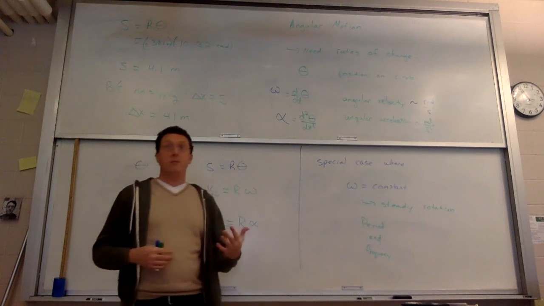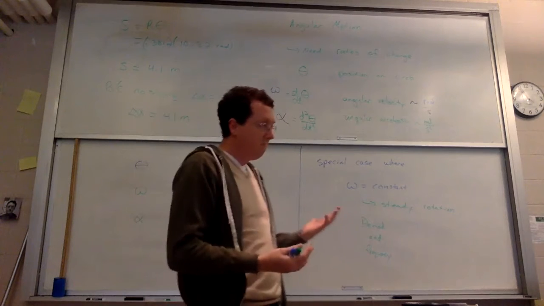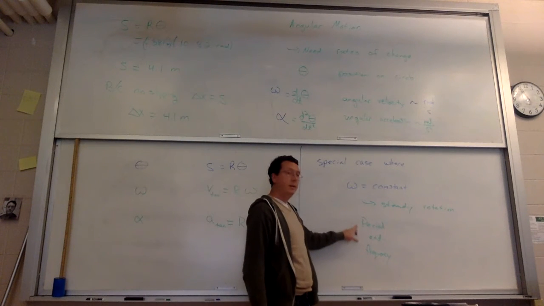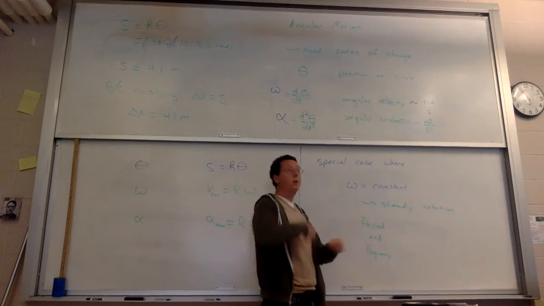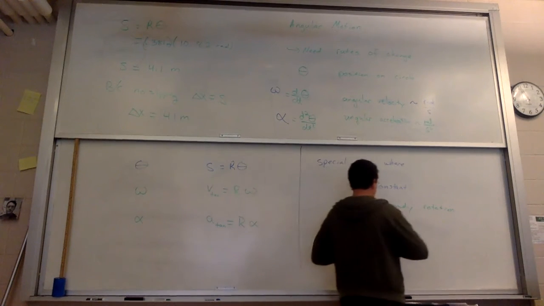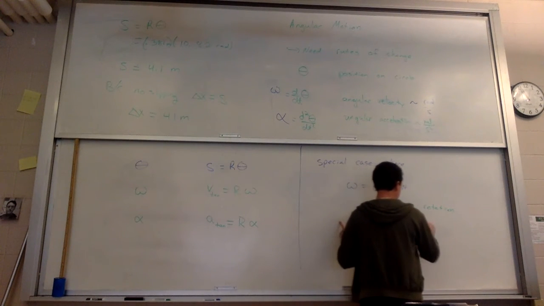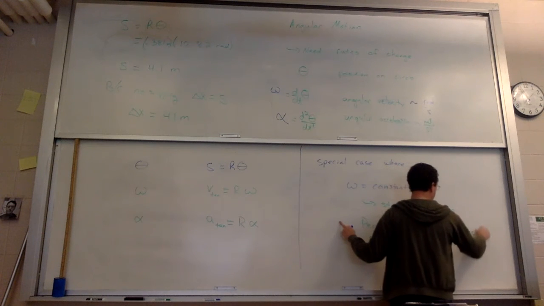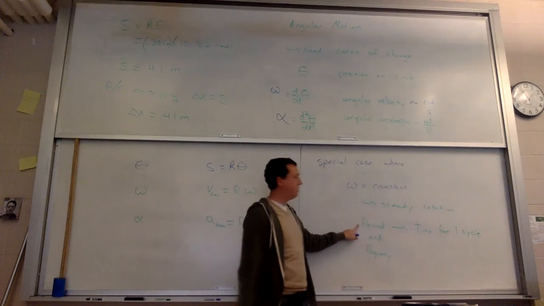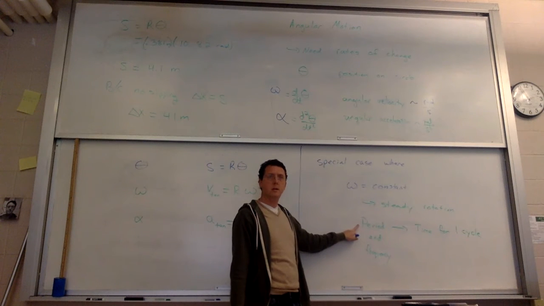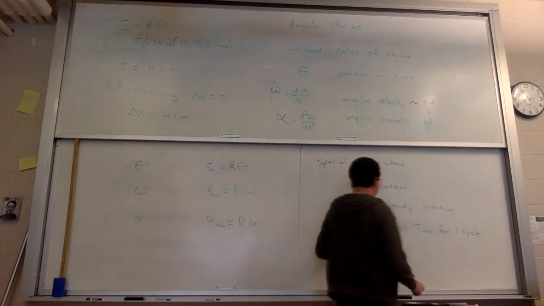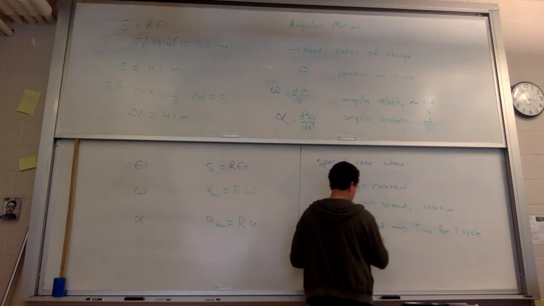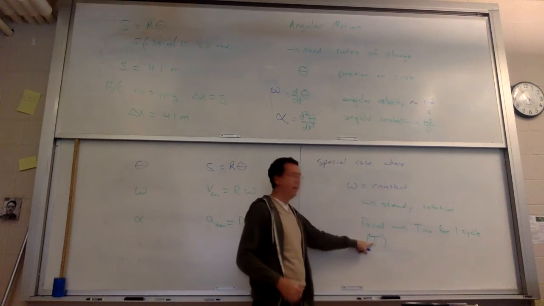Different vocabulary, right? Different kinds of motion require different vocabulary. A period is the time for one cycle. So period has units of time. And the symbol we use for period is a capital T. Capital T, not tension.